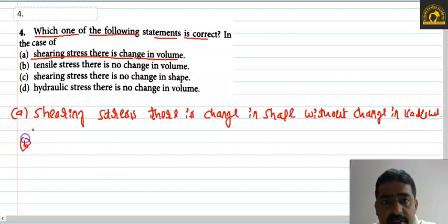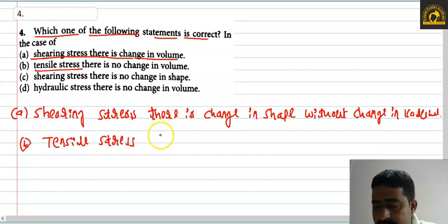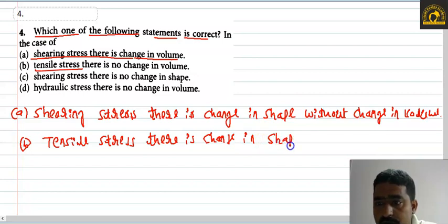Then in option B, tensile stress. Tensile stress means there is a change in the shape, but no change in volume.